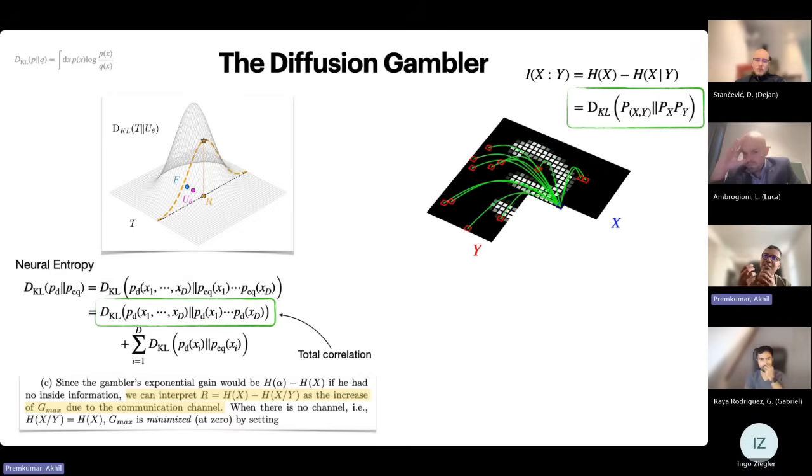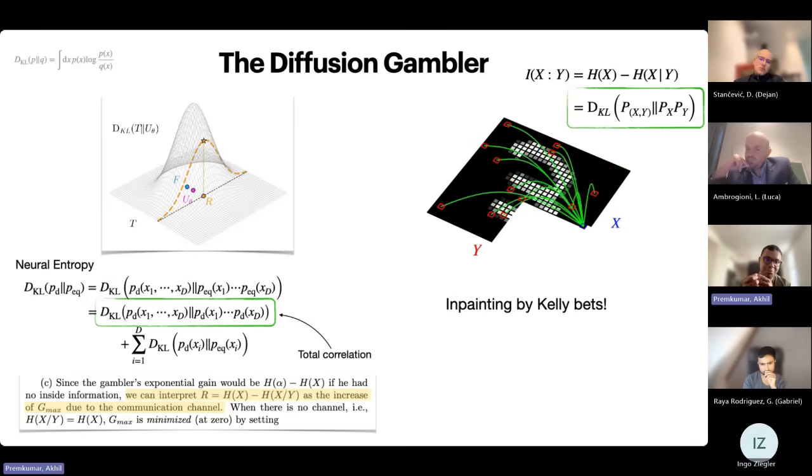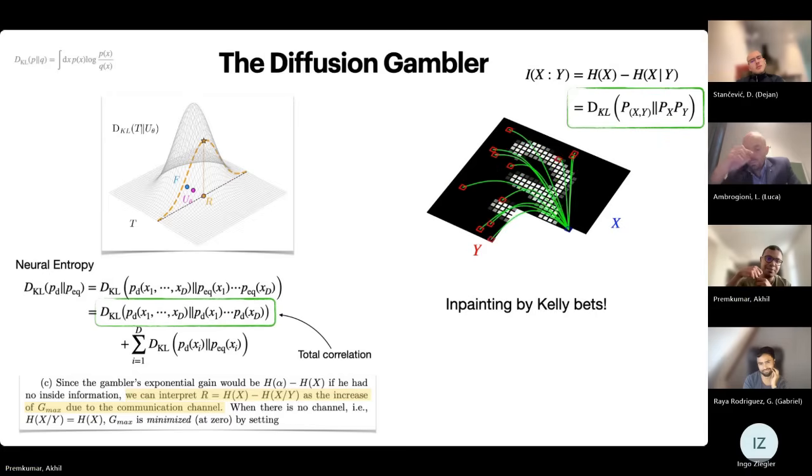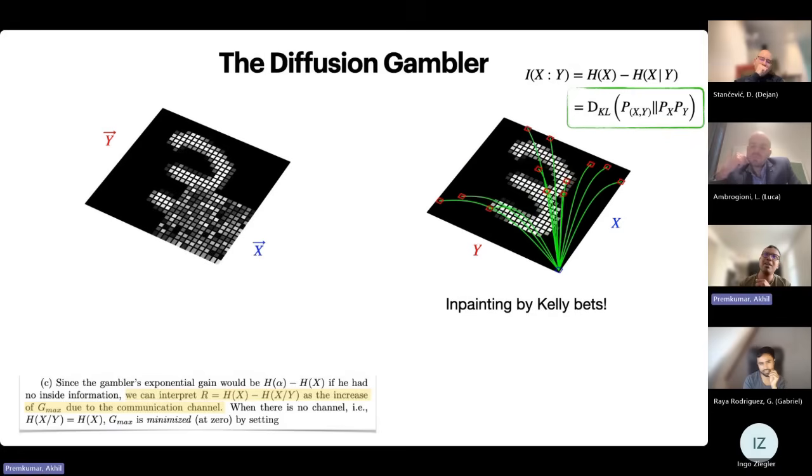That means if you look at something like inpainting, it's essentially placing a bunch of Kelly bets. It's betting on the value of the unknown pixels based on the known pixels. This is one of the themes of the paper. I animated it in an autoregressive way, but it's not autoregressive; it makes all the bets simultaneously.